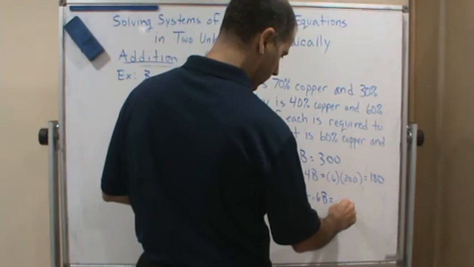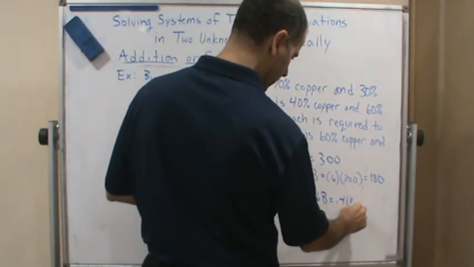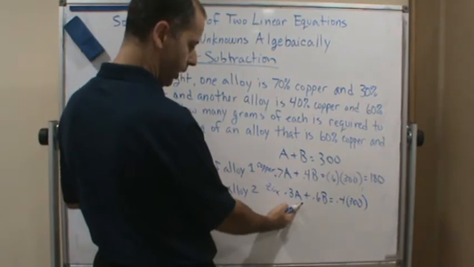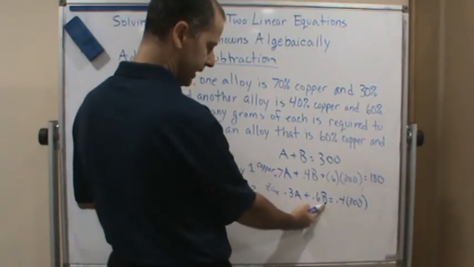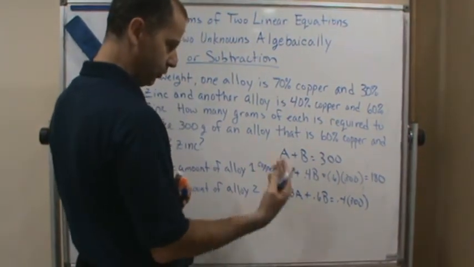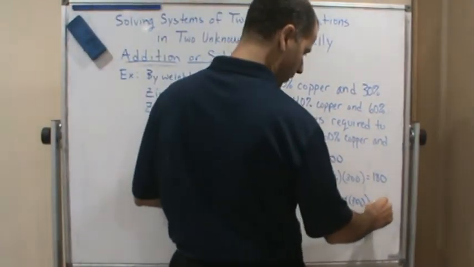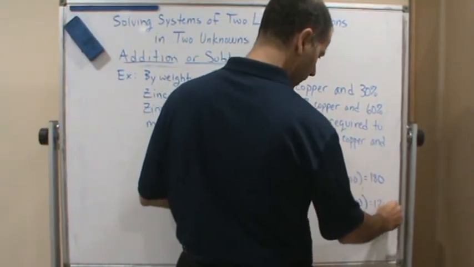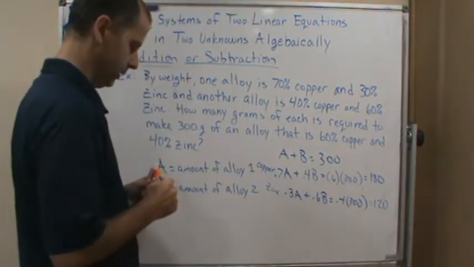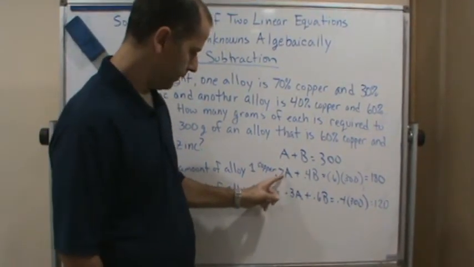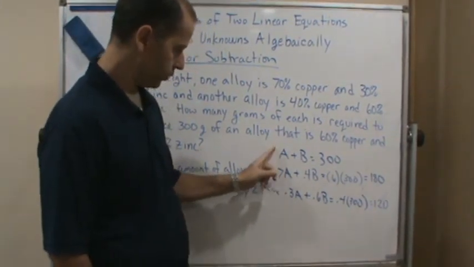It's going to be 0.4 times 300. So this amount of zinc in alloy 1 plus this amount of zinc in alloy 2 needs to add up to this amount of zinc in the resulting alloy when I mix them, or in this case, 120 grams.